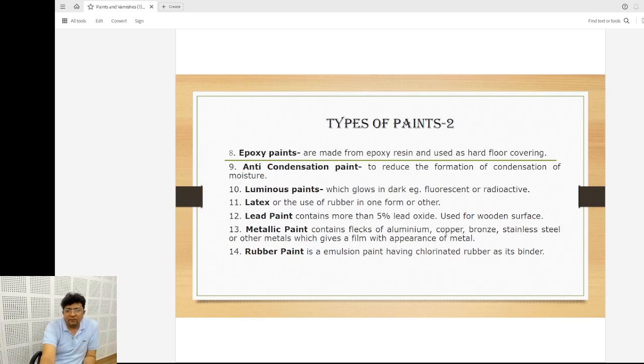If we want the look of copper or bronze or steel or SS or silver, aluminum, we can paint the surface with the metallic paint and we'll get the desired result. Then rubber paint is an emulsion paint having chlorinated rubber as its binder. Rubber paint is also used in some specialized industries.